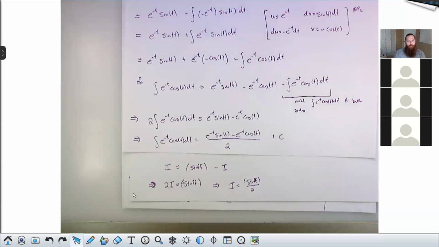Really, the way to handle definite integrals like these, each of these pieces here, you would evaluate between bounds, and then you'd have like my integral from a to b equals whatever you get when you evaluate this minus my integral from a to b, and then you add it back over. Really the same thing. There's just a little bit more to write and a little bit more to do with the definite integral because you have to evaluate, but it's not any harder conceptually. It's just a little bit more writing.